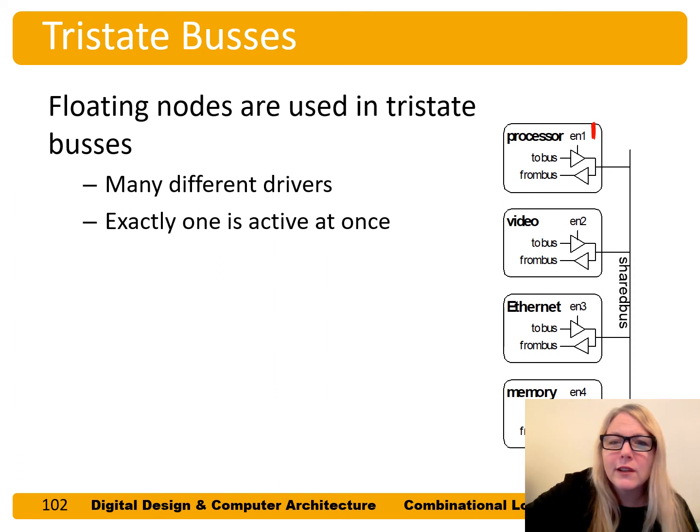If the processor's enable 1 is 1, all of the other enables need to be 0. And then maybe later, after the processor drives some values onto the bus, the video card drives values onto the bus. So we can use tri-state buffers so that exactly one of the drivers is active at any given time.